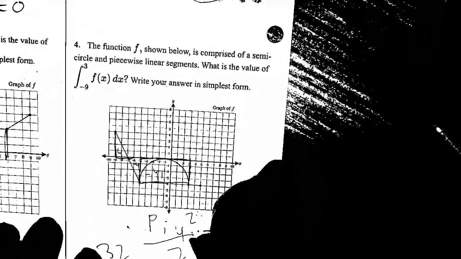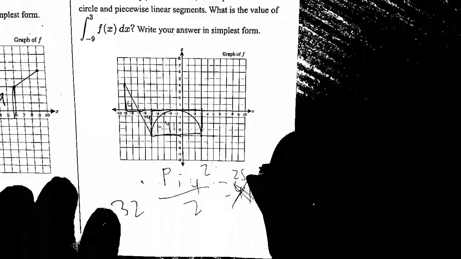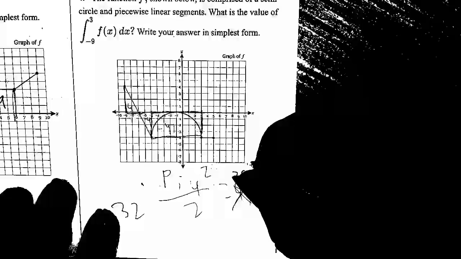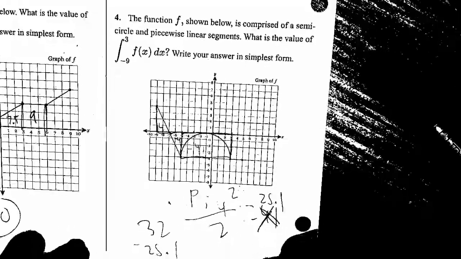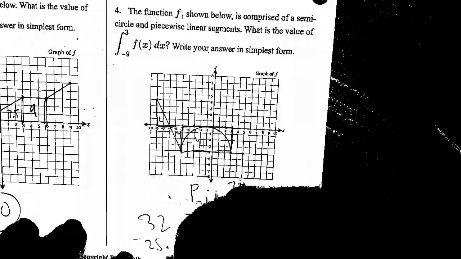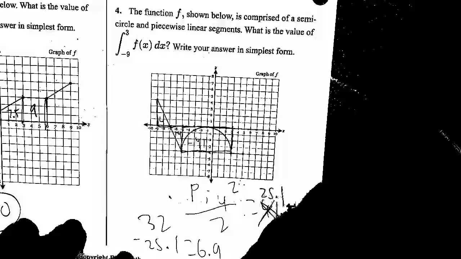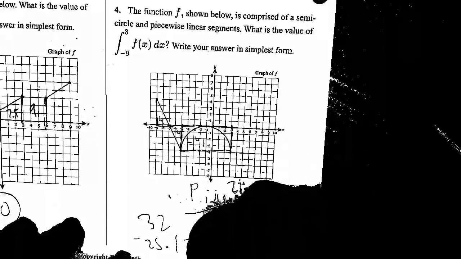So it's going to be 32 minus 25.1. What does that come out to? 6.9. But is that positive or negative? Negative. It's negative because it's below the x-axis. Okay, thank you. Great job.